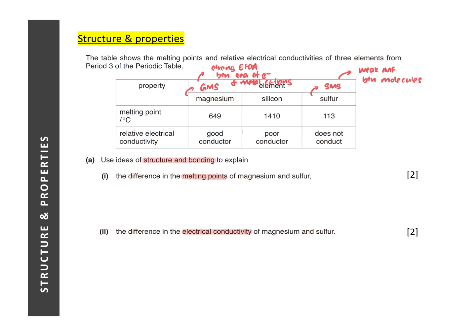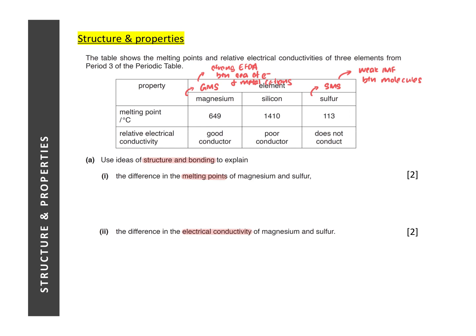Okay, so once again, very little energy is required to overcome the weak intermolecular forces between your sulfur molecules, so melting point is low, whereas a lot of energy is required to overcome the strong electrostatic forces of attraction between the sea of delocalized electrons and your metal cations, so the melting point of magnesium is high.